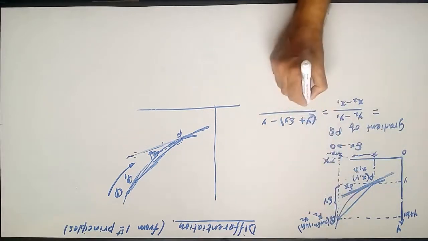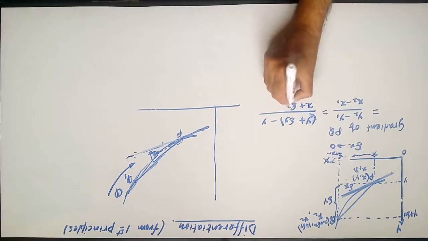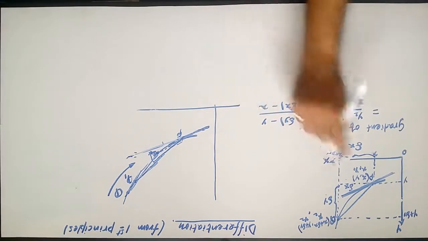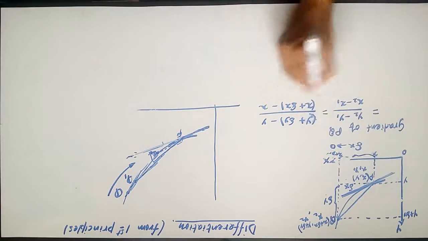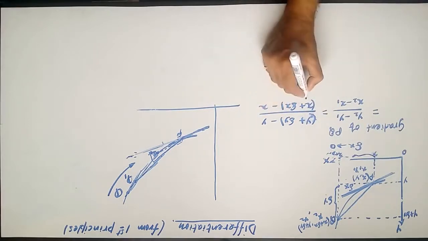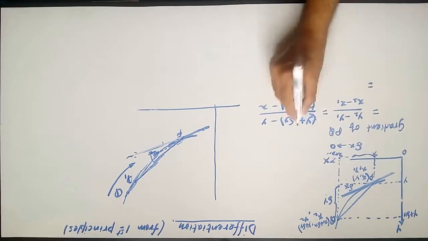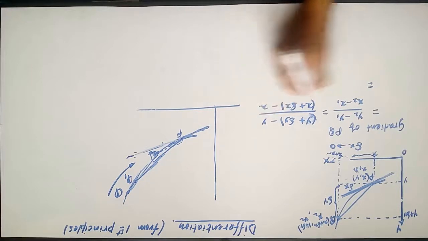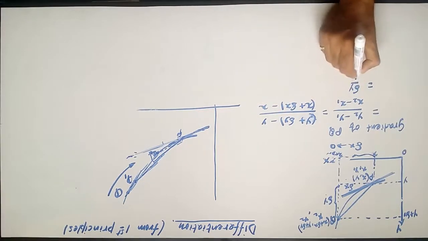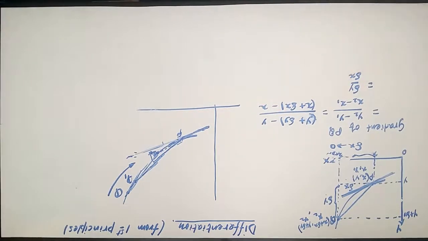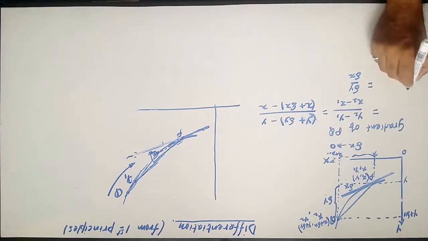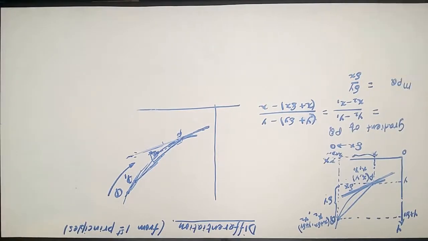X2 here is x plus delta x, minus x1, which is x. So it is y plus delta y minus y upon x plus delta x minus x. This y and this y will cancel, x and x will cancel, so we are left with delta y and delta x. So the slope of PQ is delta y by delta x.